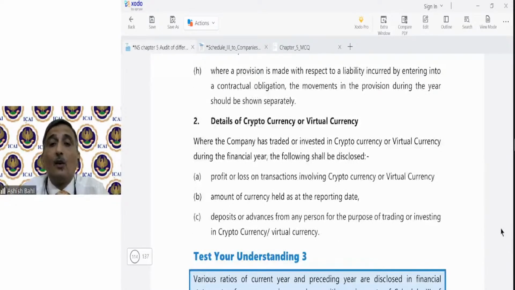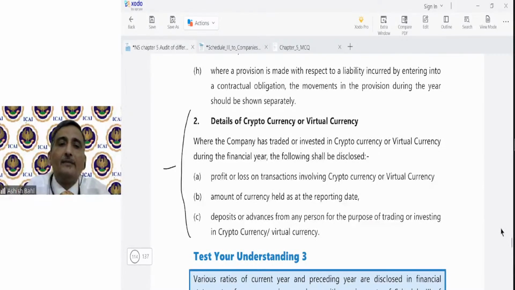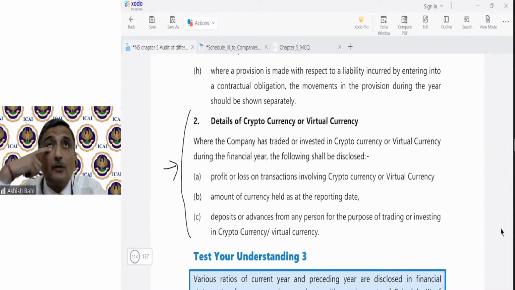Another thing now, disclosures regarding cryptocurrencies or virtual currencies. So students, when the company is dealing in cryptocurrency, which is a kind of virtual asset, digital asset, as you know, and many entities deal in it, many entities trade in it.